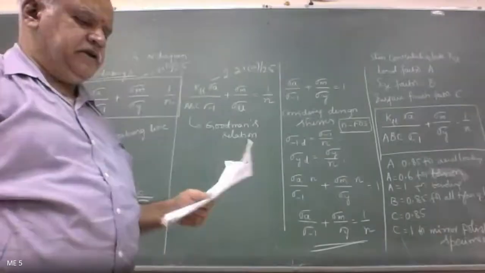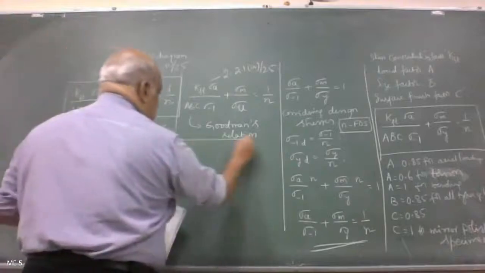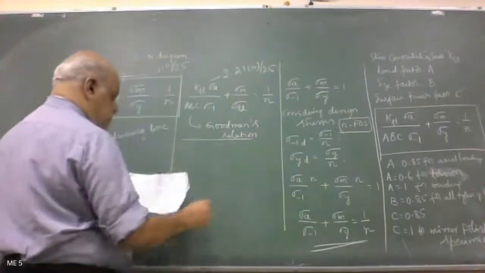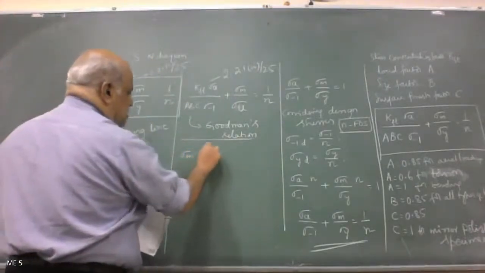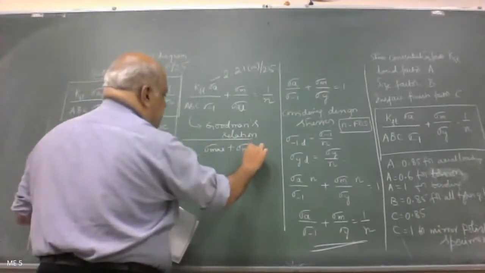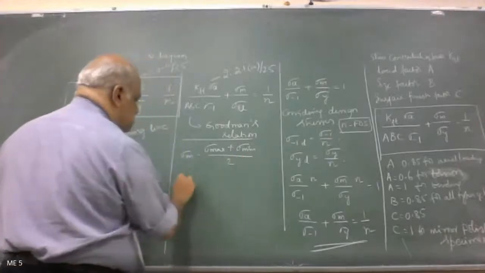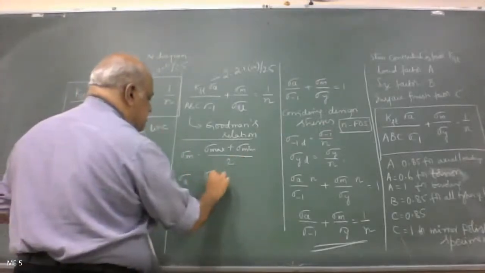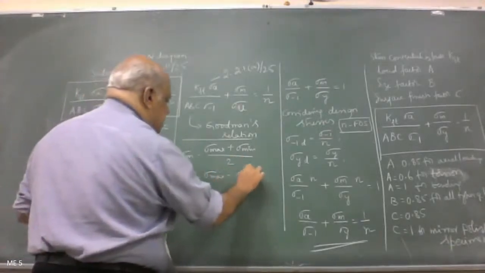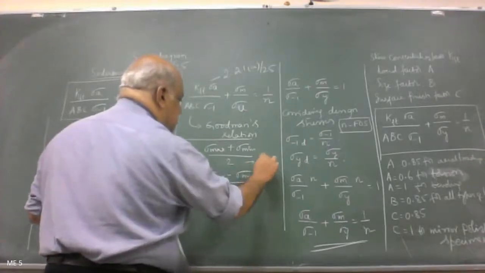And the mean stress and amplitude stress are given by equations 2.16a. That is sigma mean is given by sigma max plus sigma minimum divided by 2. Please note down these equations also. Sigma amplitude is sigma max minus sigma minimum divided by 2. What is this equation number?